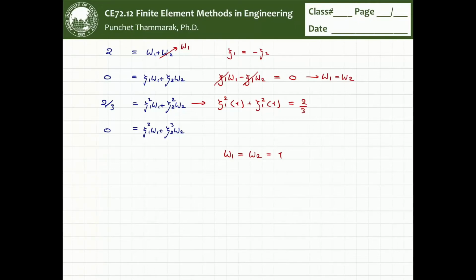So your C1 squared is equal to 1/3, C1 is equal to 1 over the square root of 3, and your C2 is equal to minus this value.